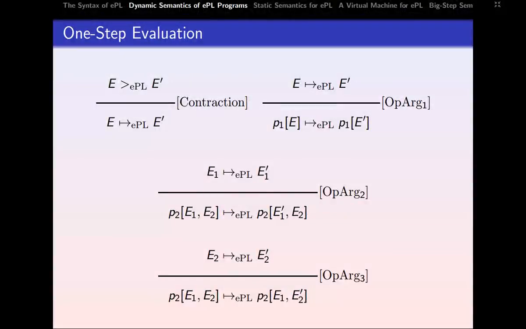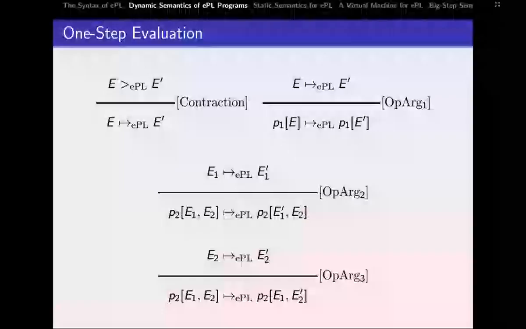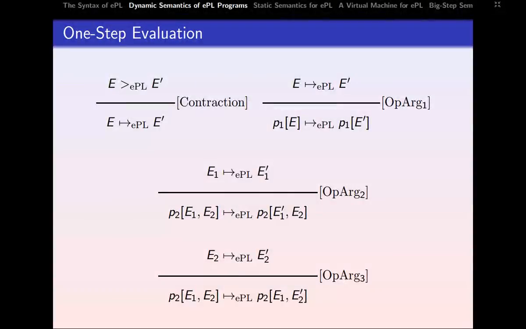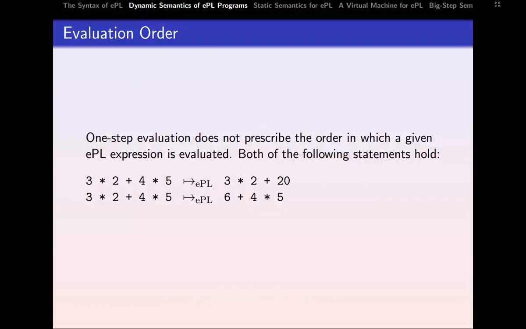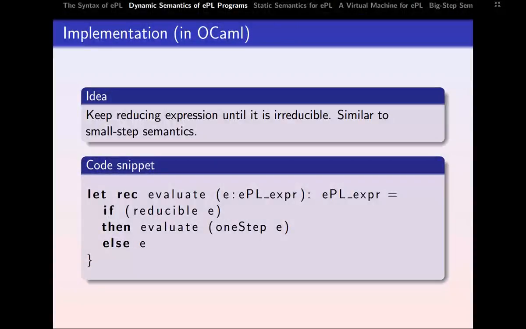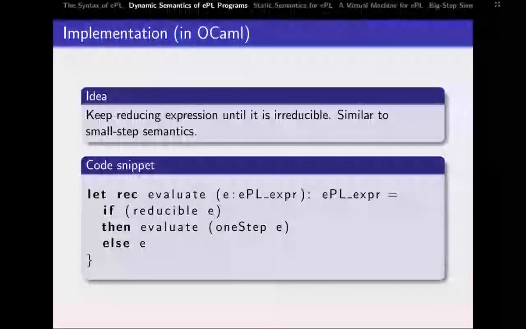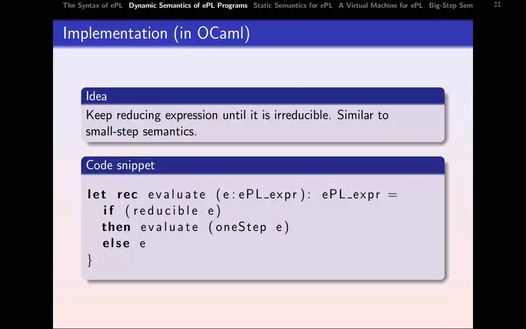Cool? For that reflexive relation, the final irreducible thing defines that reflexive relation. If I'm not able to reduce an expression further, then the evaluation of the irreducible is itself.